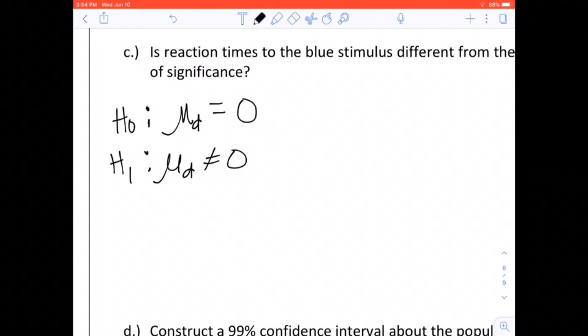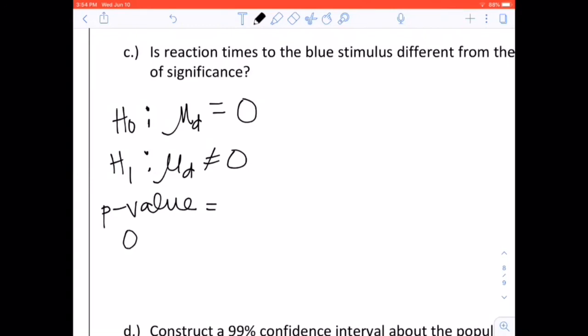From the calculator, we get a p-value equal to 0.2466. And this is greater than alpha, and alpha for this problem is 0.05.